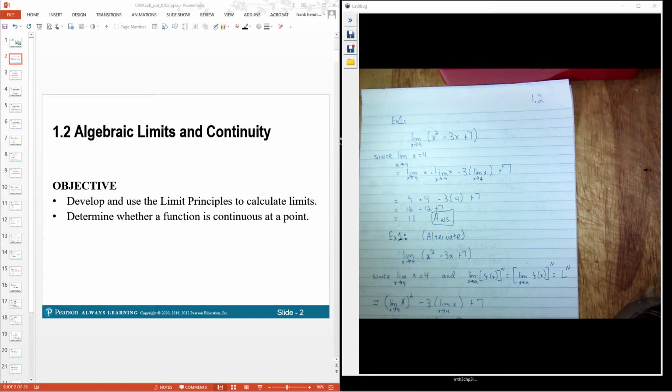Alright, algebraic limits and continuity. Develop and use limit principles to calculate limits.